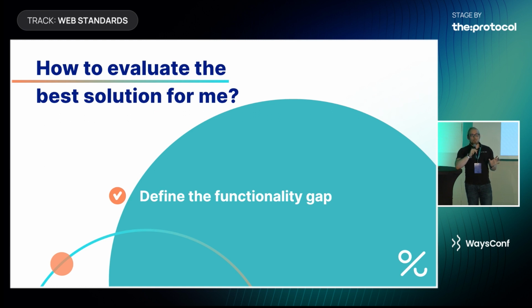This functionality gap can be resolved by an API-based solution, by a headless solution that's on the market. And it's in your hands if you want to use that specific solution. You have to know what kind of functionalities are missing right now in your system.